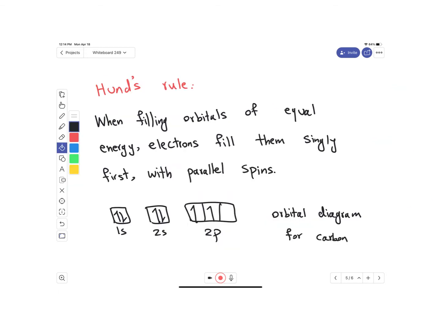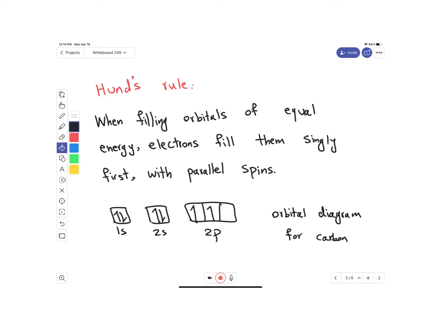Now, Hund's rule. Can anyone tell me what was Hund's rule? When we have orbitals with the same amount of energy, we fill them singly first, and then pair them up, okay? One of your SI class leaders told me in her class she tells the students, it's as if I want to give you a handout. First, I give each student one, and when I make sure everyone has one, I start giving again.